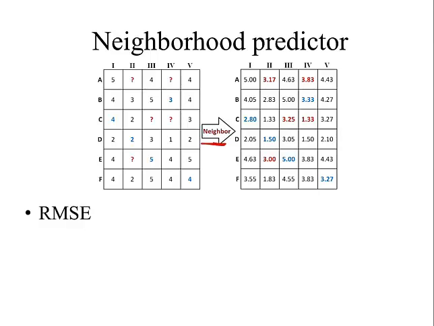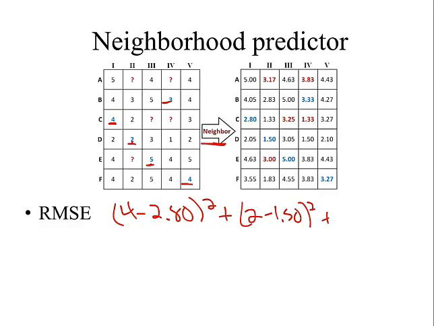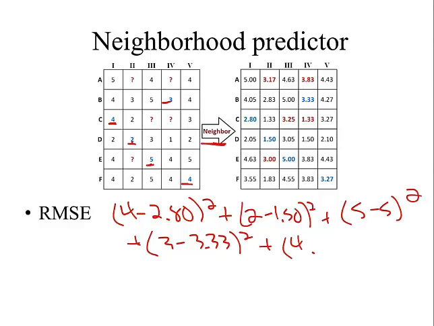And again, we can compute the RMSE to be the square root of the sum of the squared errors. Again, it's a mouthful. But we're again going to look at the test data, 4, 2, 5, 3, and 4. So we take 4 minus 2.80 squared plus 2 minus 1.50 squared plus 5 minus 5 squared, again that's a perfect prediction, plus 3 minus 3.33 squared plus 4 minus 3.27 squared.